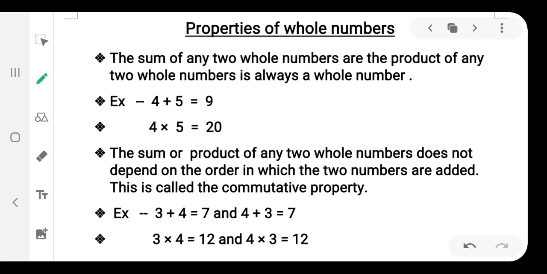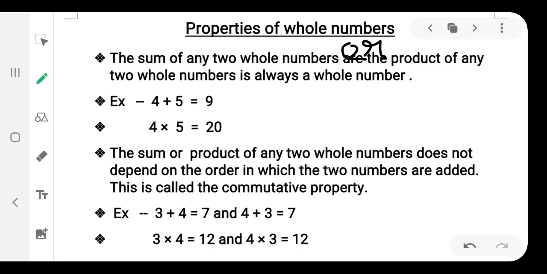Properties of whole numbers. The first one is: the sum of any two whole numbers or the product of any two whole numbers is always a whole number. What are they saying? Sum or the product. Here it should be or.